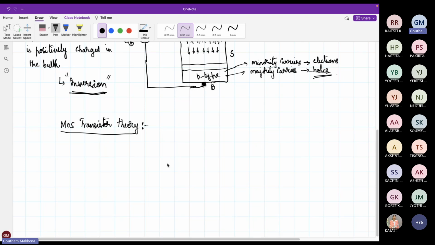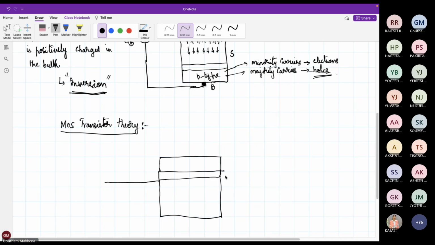So I have the same gate. I have the oxide. I have the semiconductor. So what else do I have now in the MOS transistor? Source and drain.